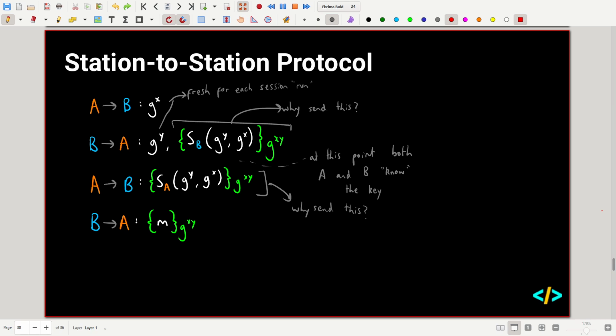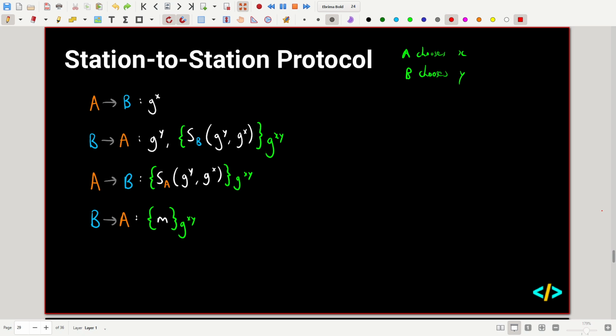Now, can anyone think of any issues with this protocol? Or any assumptions that we've glossed over that aren't very realistic or might be impractical? Spot on, Ash. We might not have the public keys. How does A know B's public key initially, and how does B know A's public key initially?